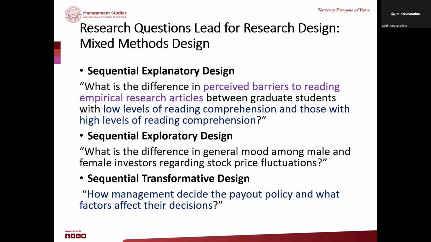In the qualitative phase, first you will develop the instrument. So the outcome of the quali phase can be the instrument development. So instrument testing, it is a mixed design.